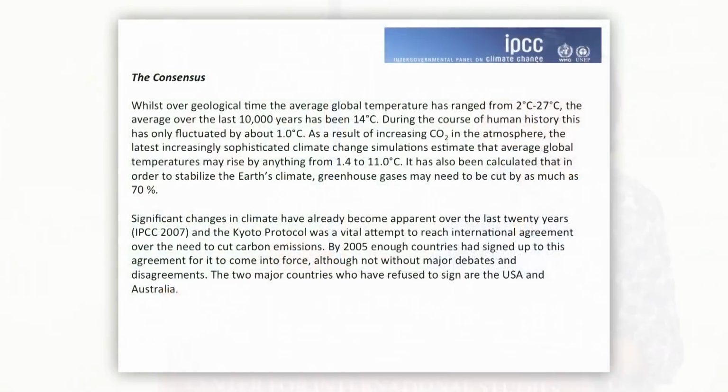The IPCC consensus is essentially that over geological time, temperature has ranged from 2 degrees Celsius to 27 degrees Celsius. The average over the last 10,000 years has been 14 degrees Celsius, and during the course of human history it has only fluctuated by 1 degree Celsius.